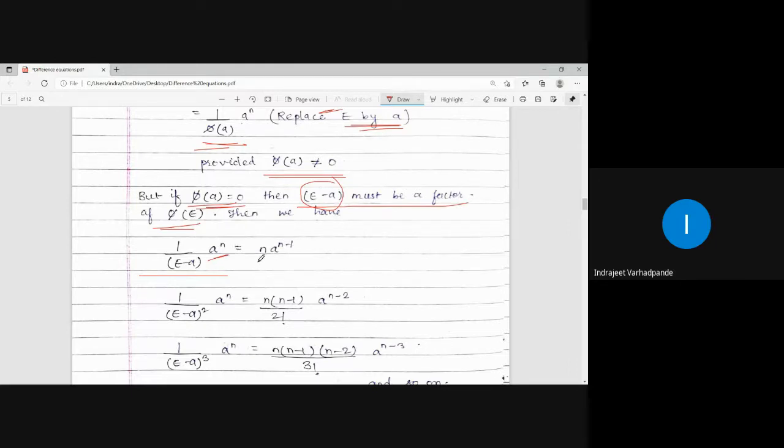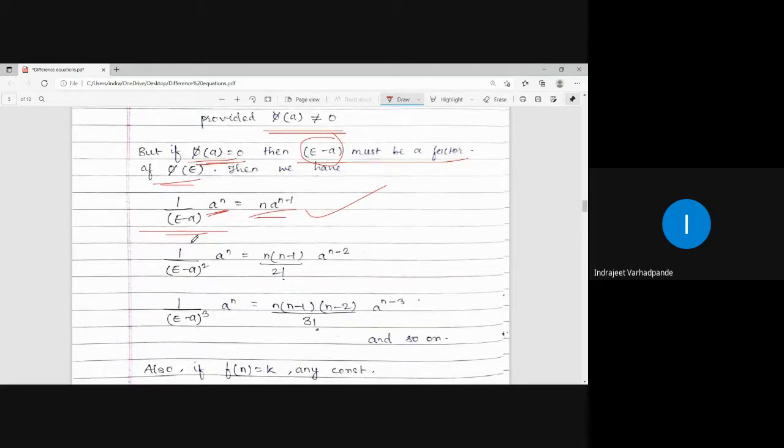Directly n into a to the power n minus 1. You remember in that case also, in the differential equation, we had to multiply by x and differentiate the denominator. But here, if it is coming out as a factor, 1 upon E minus a multiplied by a to the power n will be directly simplified as n into a to the power n minus 1.